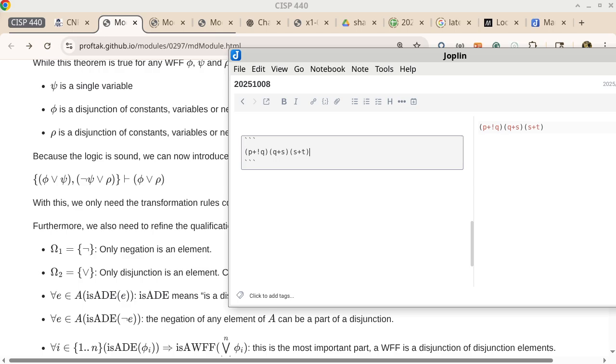First of all, do you think this is a legitimate CNF, conjunctive normal form? It is a conjunction where each thing you are ANDing is a disjunction, and inside each disjunction we can only have a variable or the negation of a variable. Does it meet all of those requirements?